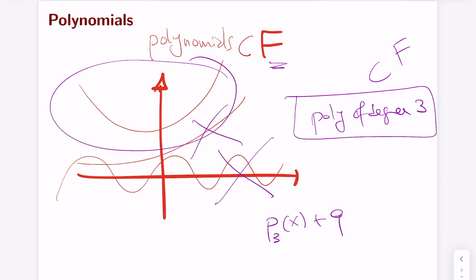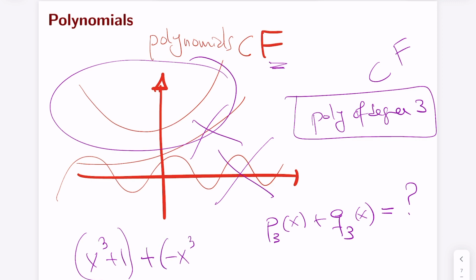We add it to another polynomial of degree 3. So what do you think? Is the addition going to be a polynomial of degree 3? Well, not always. Imagine that we have x cubed plus 1, that's one of the polynomials, and the other one is minus x cubed plus 1. So we add these two polynomials, x cubed minus x cubed cancel, 1 plus 1 is 2. So this is not a polynomial of degree 3.